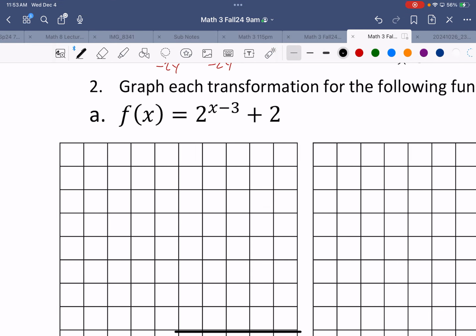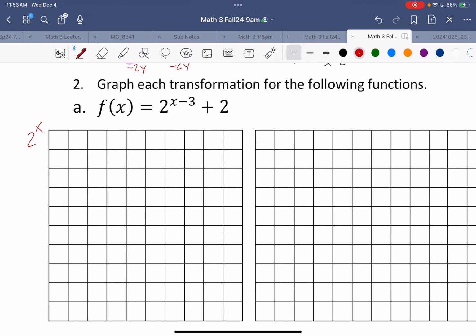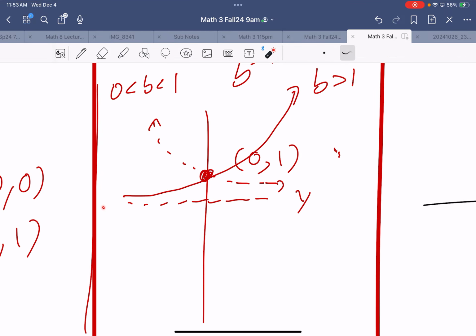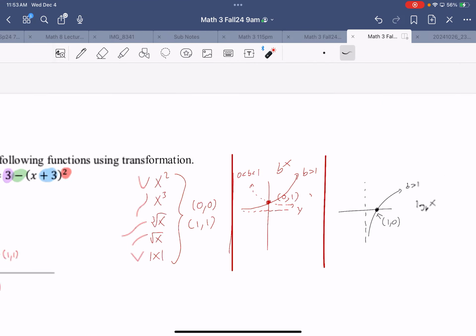What's the parent function? Well, it's just 2 to the x. So the base is bigger than 1. So I know I'm dealing with my horizontal asymptote right here. Right? And the point, they all pass that. Remember what I said? They have that horizontal asymptote, and they all pass that 0, 1 point.